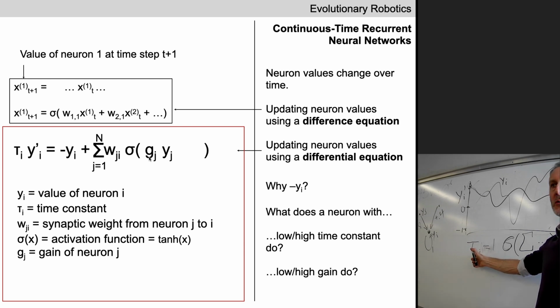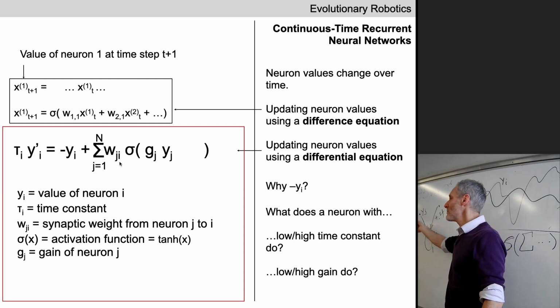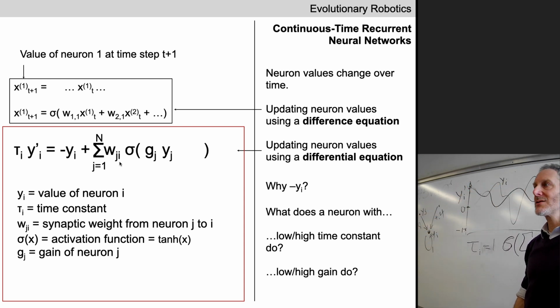It's also going to evolve all the gains. You'll notice that the gain and the tau, they have one subscript. The fact that they have one subscript reminds us that there's one gain for each neuron. There's one tau for each neuron. The double subscript here means that any given neuron has many outgoing weights.